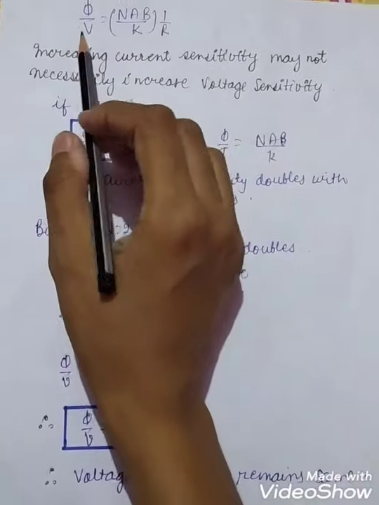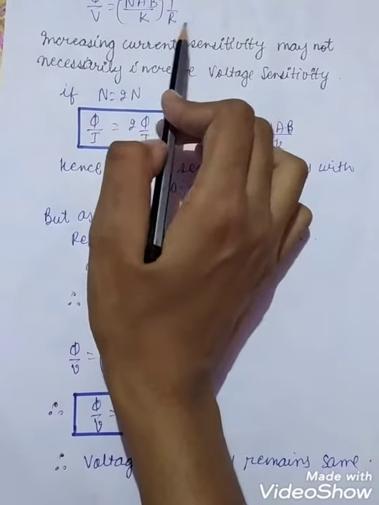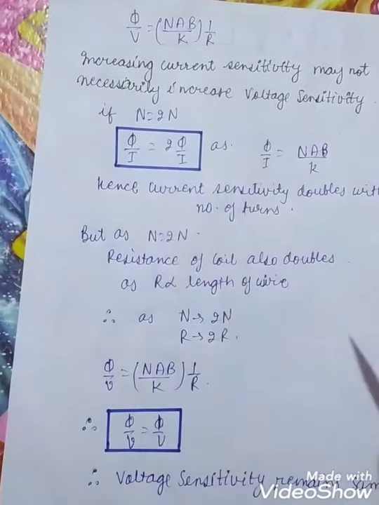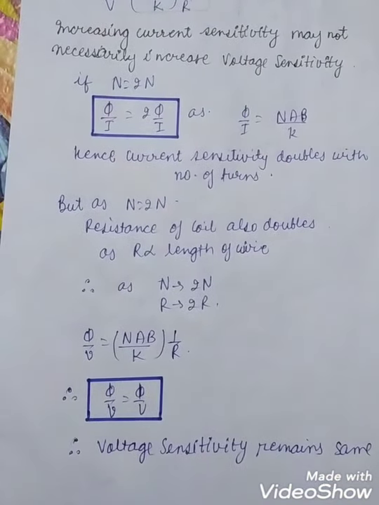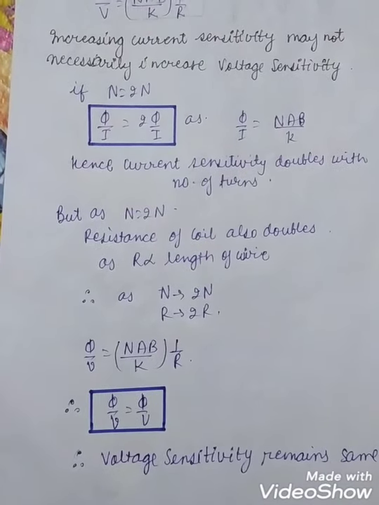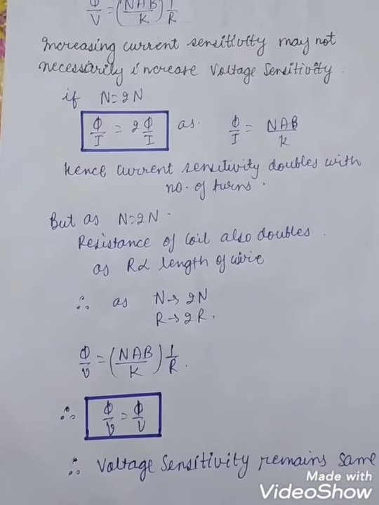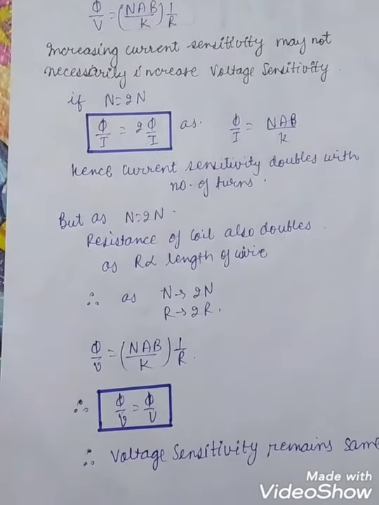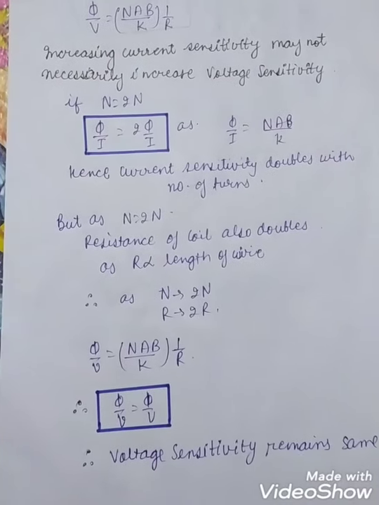So the formula becomes: number of deflections per unit voltage is equal to NAB divided by K into 1 by R. This was all about voltage sensitivity. Now let us discuss whether there is any change in voltage sensitivity if we make any change in the current sensitivity. How can we see that?